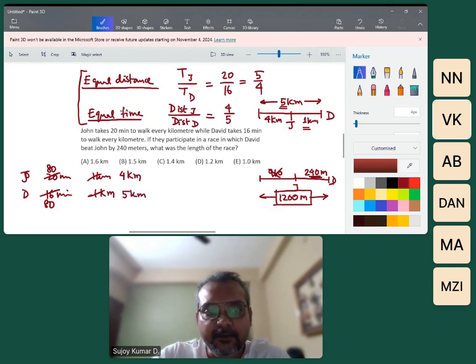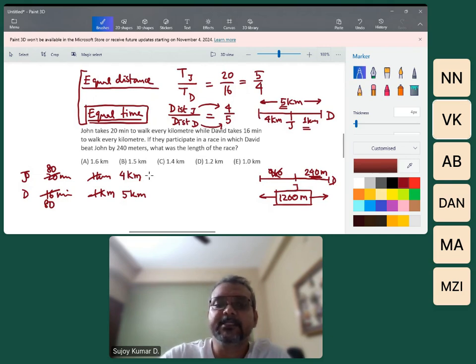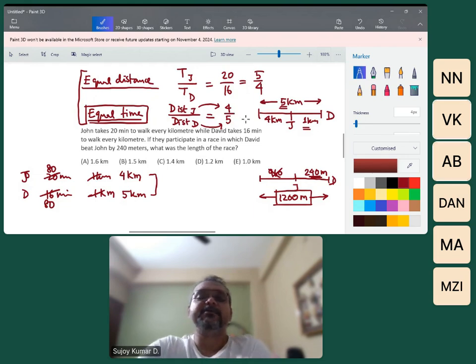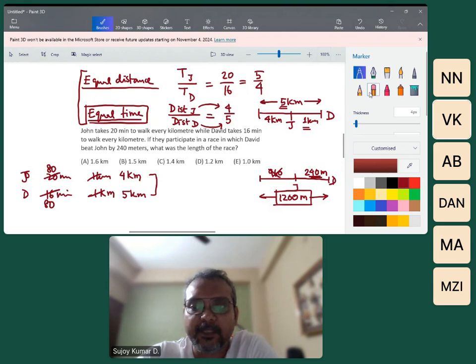That means if I give you equal amount of time, then J will cover 4 when D covers 5. This is what I was trying to arrive at without using the ratio form. This ratio sometimes can be a little confusing. So I said, let's just assume some equal amount of time instead, and we'll work out from there.